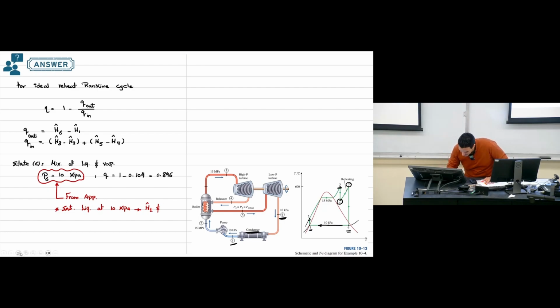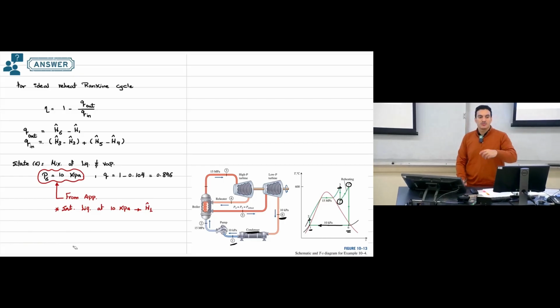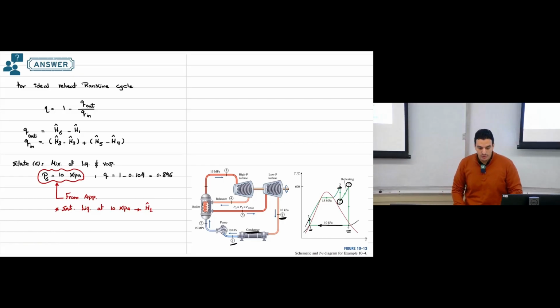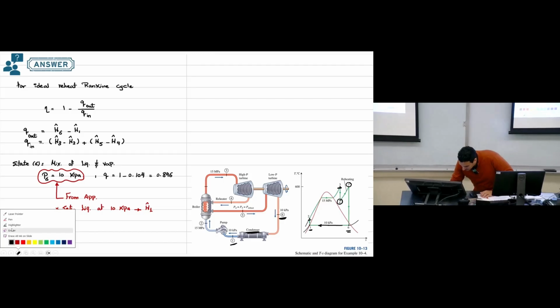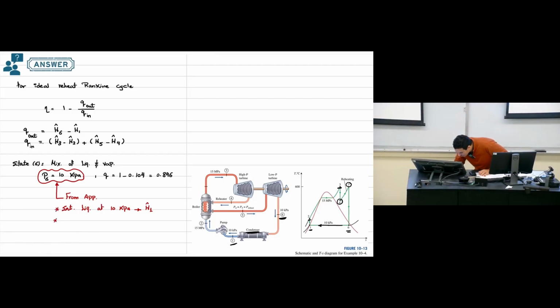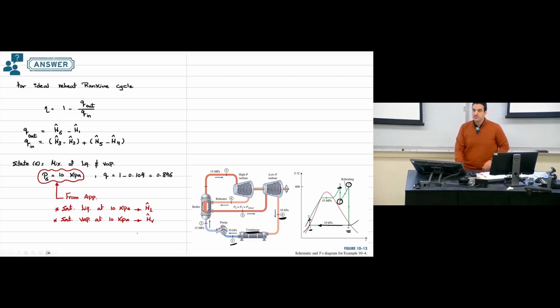If we don't have the quality, then we should also find the specific entropy for liquid. Then assume that we have saturated vapor at 10 kilopascal and find the specific enthalpy for vapor.